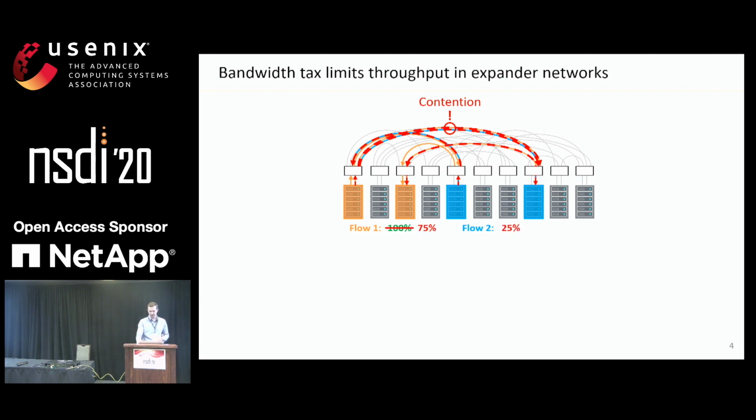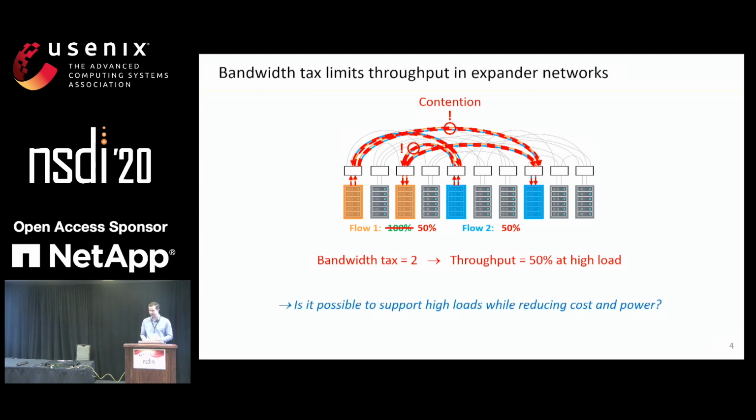And if we consider all the different paths that traffic may take, we see that the throughput is reduced here by a factor of 2, and that's because traffic is taking 2 hops in this network. So while expanders have a lot of great properties when traffic load is low, at high load, they can't deliver high throughput in general, especially when they're built to save significant amounts of hardware cost and power.